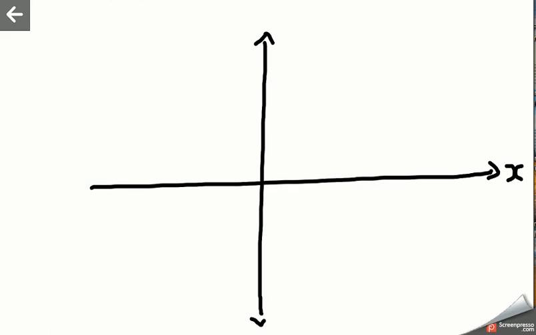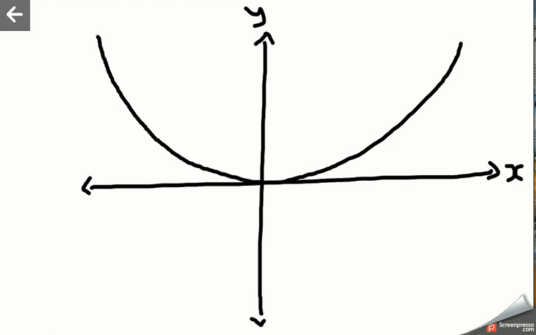So here's x, here's y. I'm going to go ahead and draw the parabola y equals 1/2 x squared. Notice that it goes through 0, 0. Now let's put in some values.